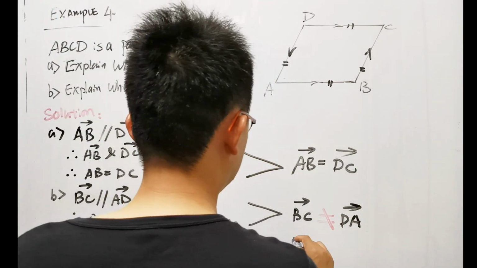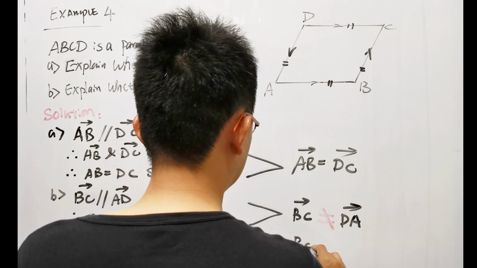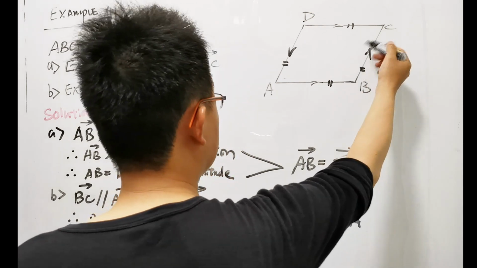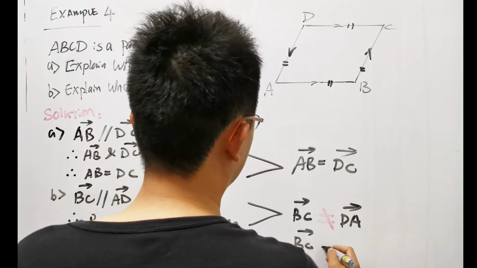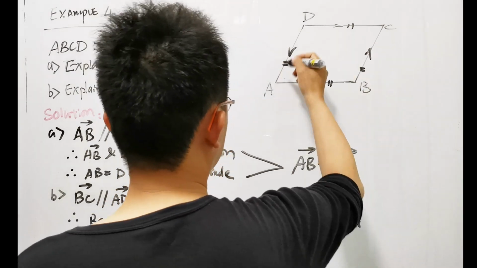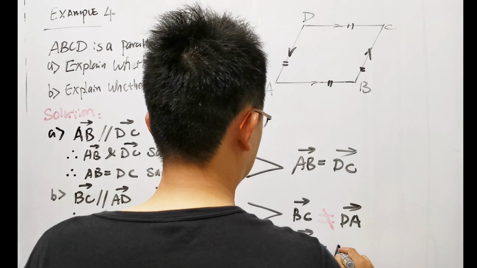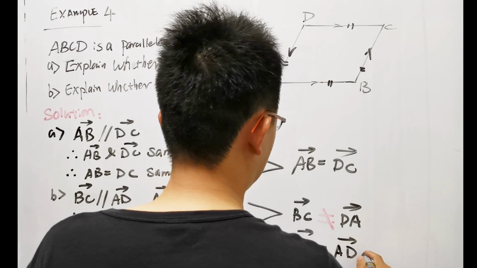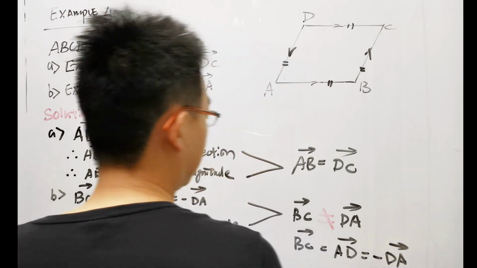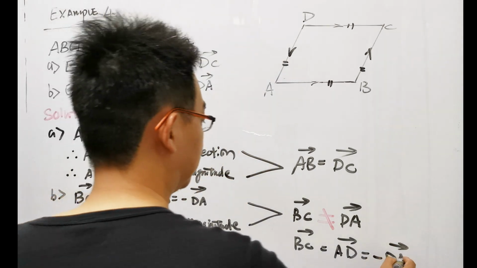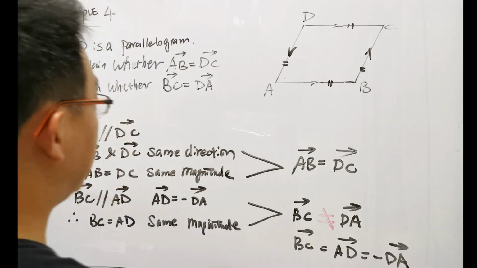Because they are the same magnitude but opposite direction, we can find out that BC actually equals AD or minus DA, right? So we can work it out this way.